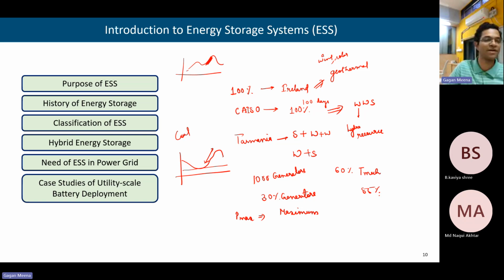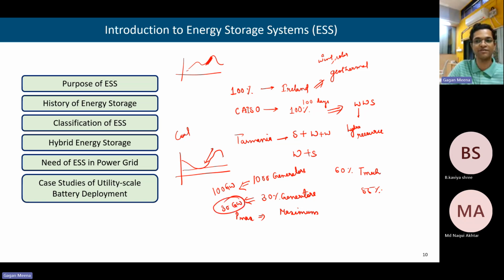Let's say they are contributing 100 gigawatt. So how much will this be? 30% of generators are running at maximum, so 30% of this, 30 gigawatt, we are getting from these generators.